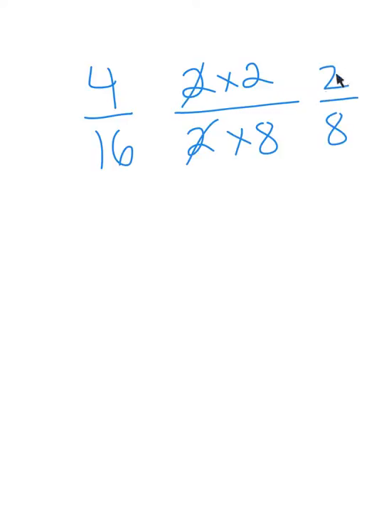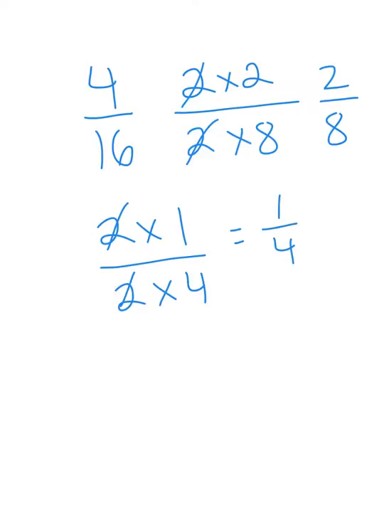But you might notice that it can be simplified even more. So I know that 2/8, if I look at the numerator up here, I know that 2 is equal to 2 times 1, and I know that 8 is equal to 2 times 4. So I can cancel out my 2's and I get 1/4.